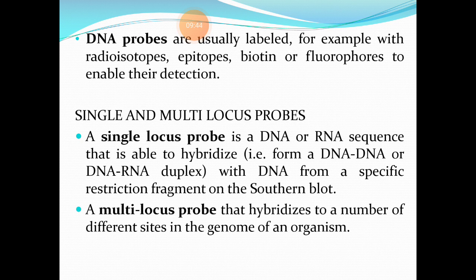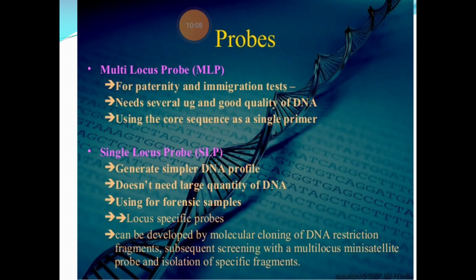On the other hand, a multi-locus probe hybridizes to a number of different sites in the genome of an organism. So you should have a clear-cut picture of molecular markers, and then you should know what are probes, what are single locus probes, and what are multi-locus probes.